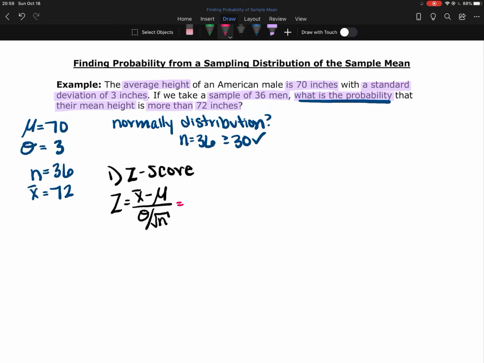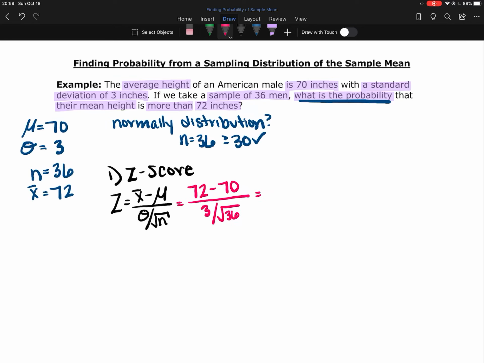By taking a moment to identify each of the values, I can just plug everything in. So 72 minus 70, divided by 3 over the square root of 36.